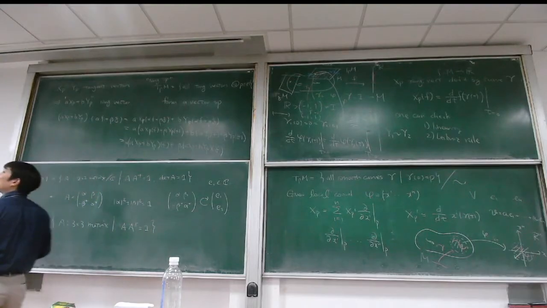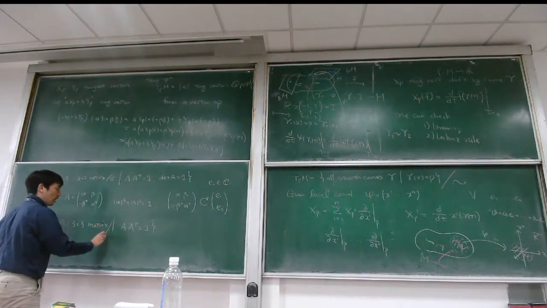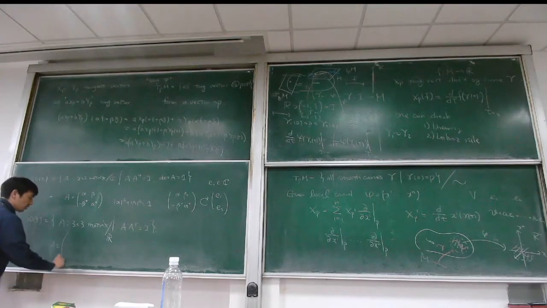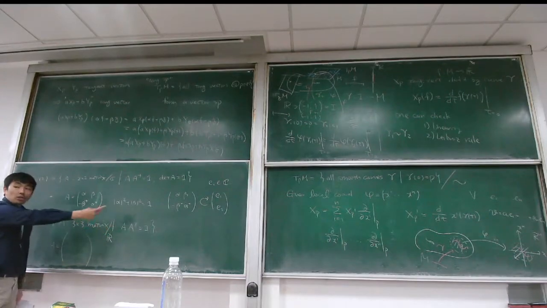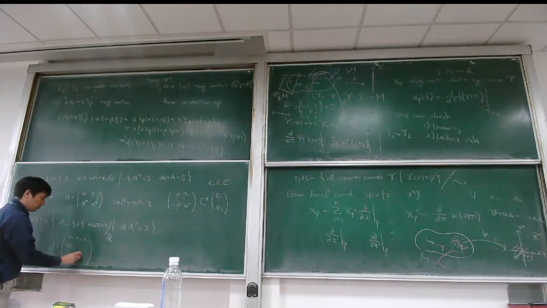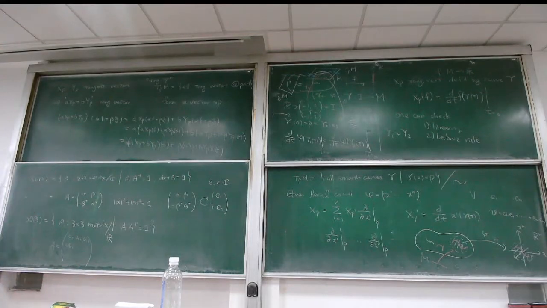Sorry, 3 by 3 with real coefficients. Therefore A can be written as a 3 by 3 matrix, A11, A12, A13, and so on. I'm not going to write down everything, but it satisfies this condition, and this also has determinant equal to 1. For SO(3), this automatically gives you determinant equal to 1.